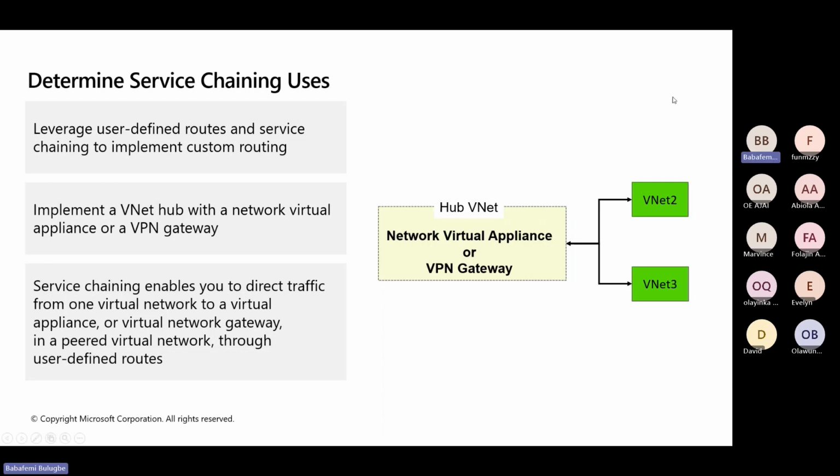When you want to do service chaining, you are going to leverage user-defined routes. When you say user-defined route, that means we do not want the system to determine which appliance will be the next.